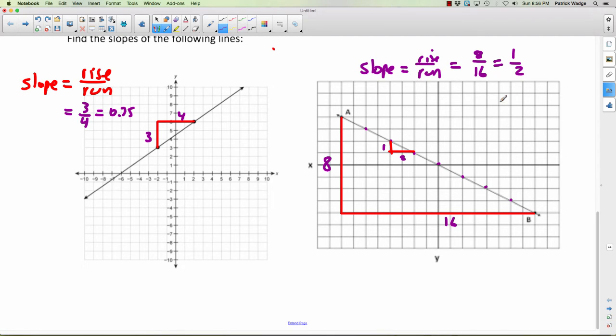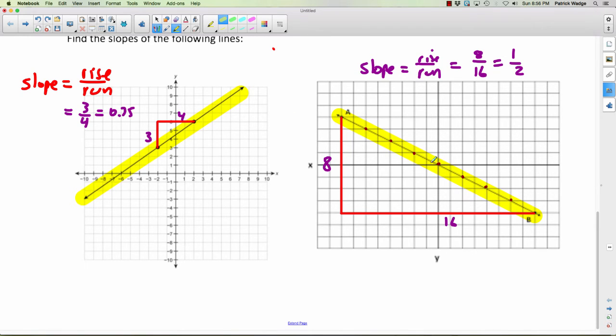Now, listen carefully. I've actually skipped something here, which I need to make a very important point. There's something very distinct about this line right here. Does it not look a lot different than this line? It's of a different type. You know what I'm talking about? This line is going upwards.